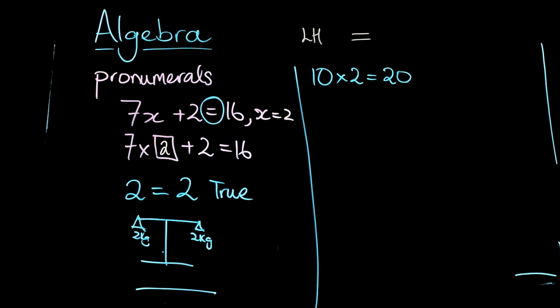And we have a left-hand side to the equation and a right-hand side to the equation. And what we say is the left-hand side must equal the right-hand side if we're going to say things like this, if things are true, okay? And that is the game that you're playing.